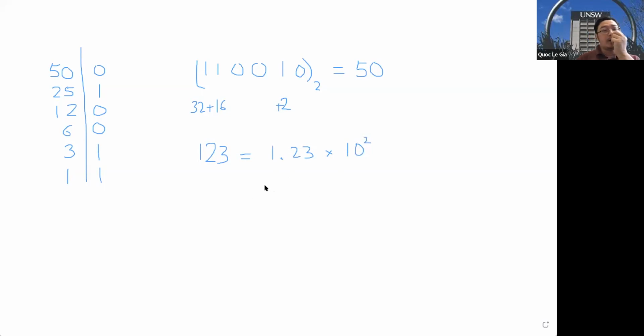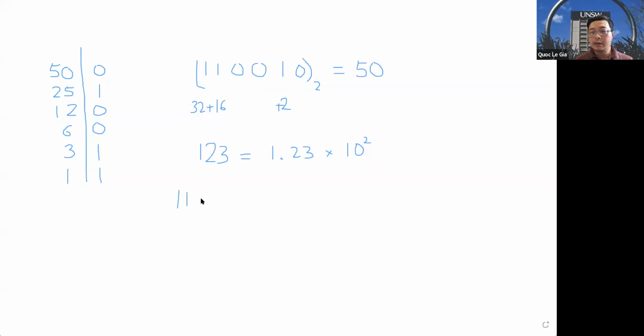Here 10 is the base, and you represent 1, 2, 3 by just floating numbers. You can do the same for binary. Instead of writing 1, 1, 0, 0, 1, 0, I can write it differently.